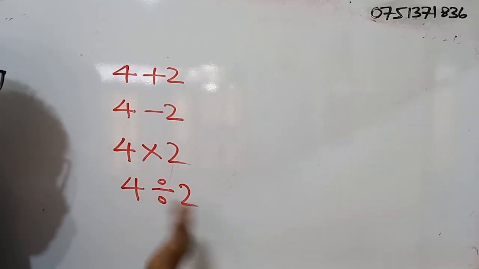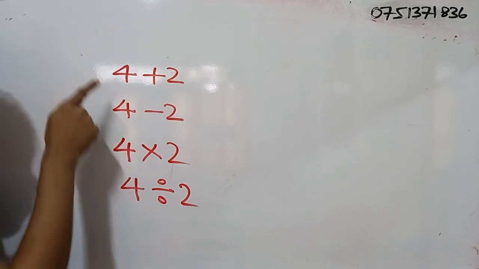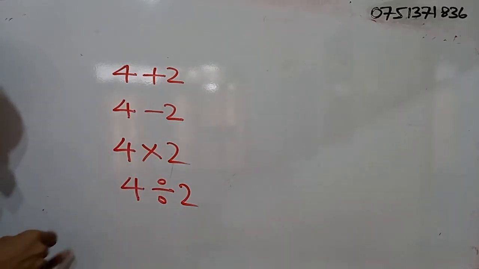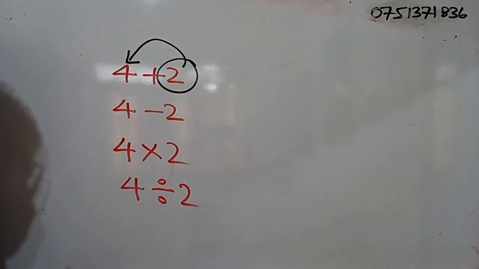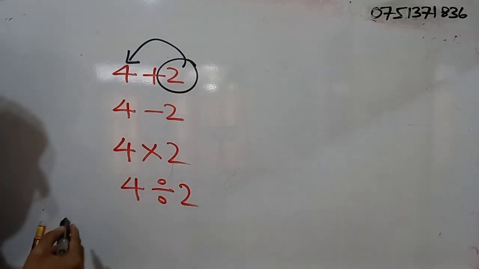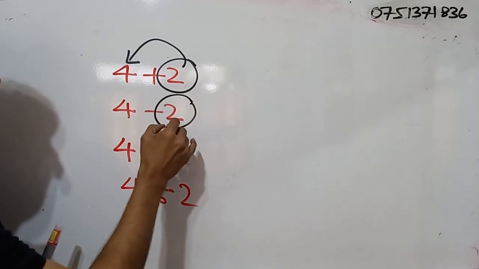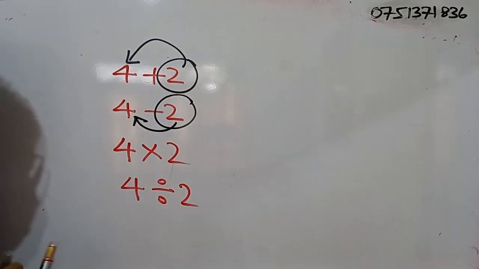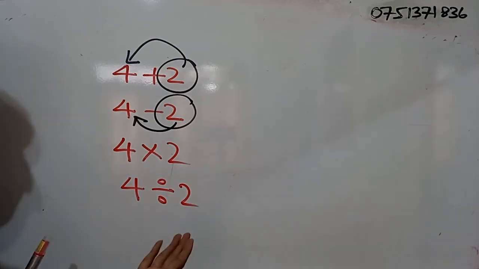How do we know? There is no equal symbol. First expression: add 2 to 4, so we get the answer 6. Next expression: subtract 2 from 4, so we get the answer 2.